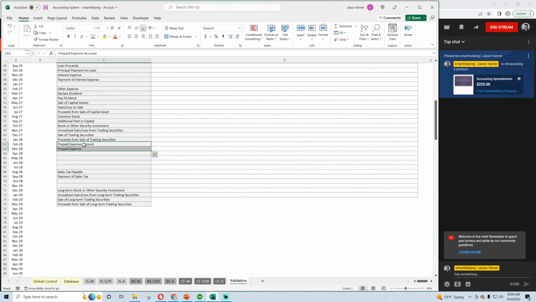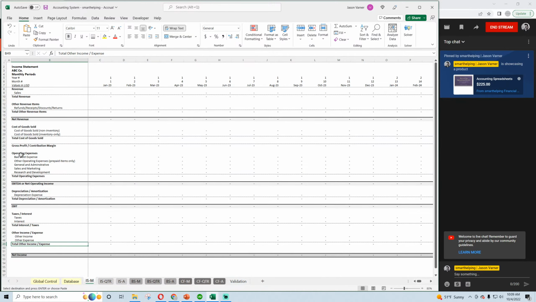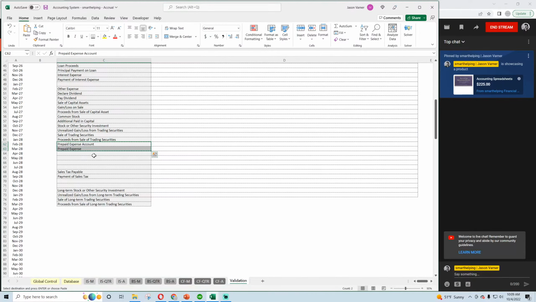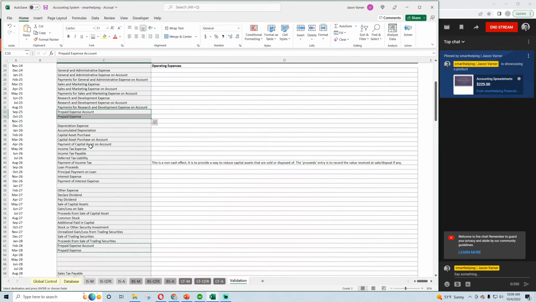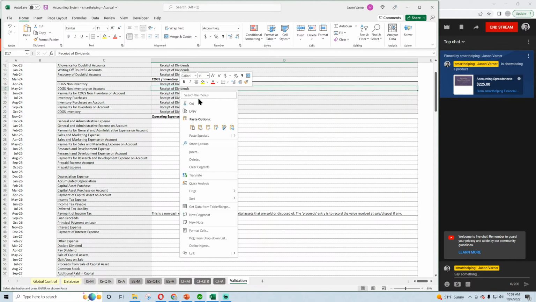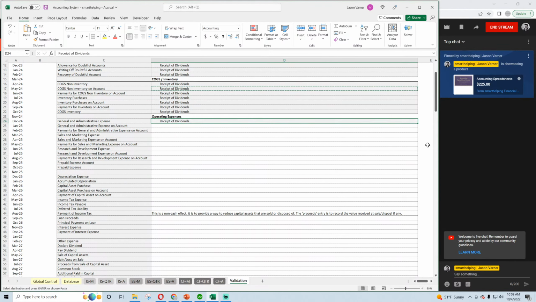Now prepaid expense account, and that's going to flow right to here. Other expenses, and these are prepaid items. So we'll put those in OpEx as well. I'll do the labeling on this when we start going through the actual entries in the system itself.